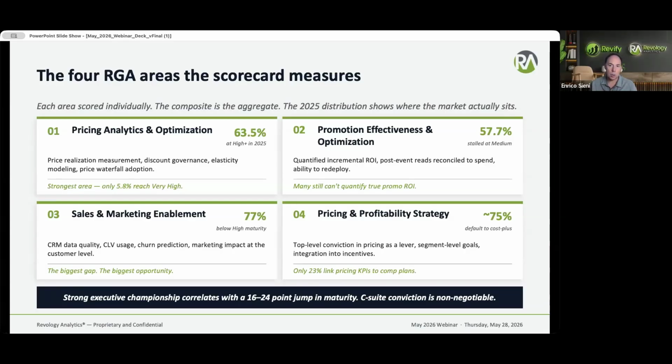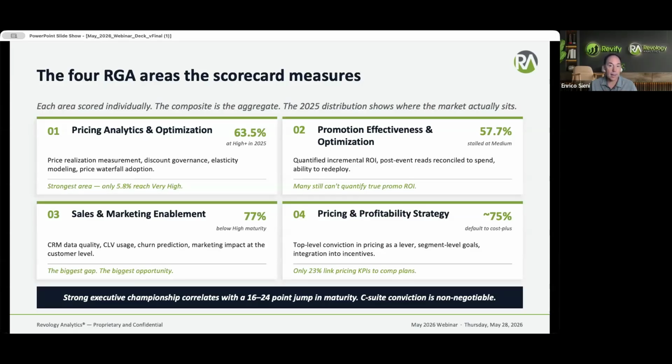And as you go through each of these different areas, some areas are basically struggling in terms of getting traction. The promotion effectiveness and optimization area on the top right is one where we see companies stalled at medium. And of course, we covered that in quite some depth today. But this is one area where companies tend to have autopilot going on, and it is definitely an opportunity.